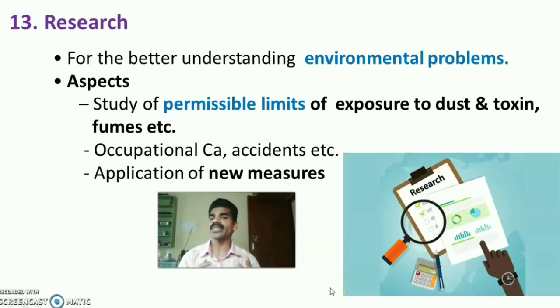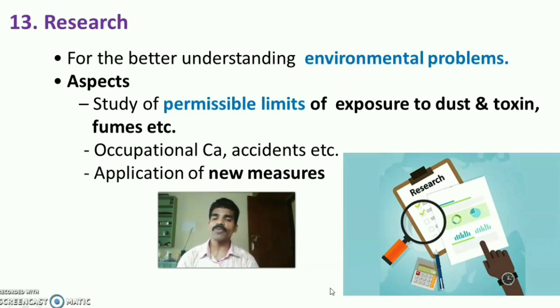The last engineering measure is research, conducting continuing research. So research is conducted in the factory or industry for a better understanding of the environmental problems of the factory or industry. The aspects of research include a study of the permissible limits of exposure to dust, toxins or fumes from the industry or factory; early detection of the various types of occupational cancer, pneumoconiosis or occupational accidents, etc. in the industry and the factory.